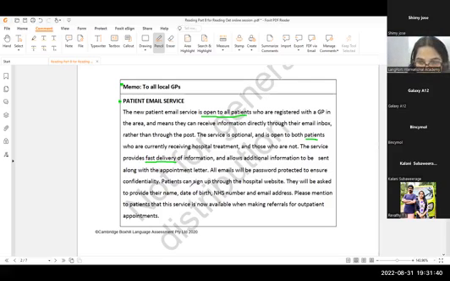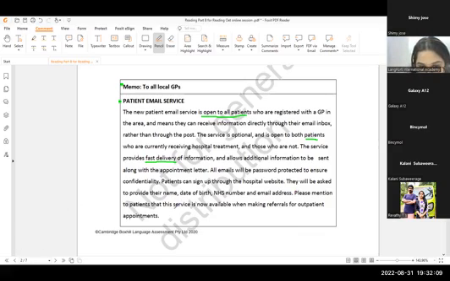Anita, next two sentences you can read. Patients can sign up through the hospital website. They will be asked to provide their name, date of birth, NHS number and email address. So they can sign up via the hospital website, and they will be asked for their name, date of birth, NHS number, and email address. Final sentence, Anita.